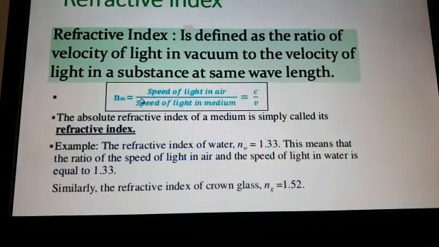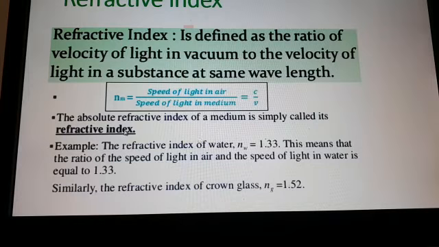Next, what do you mean by refractive index? In the last slide we said that mu represents the refractive index. It is defined as the ratio of the velocity of light in vacuum to the velocity of light in a substance at the same wavelength, that is, speed of light in air divided by speed of light in the medium.